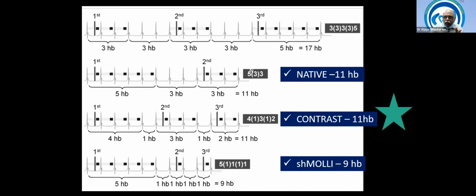This gadolinium creates its own magnetic field inside, which causes a lot of turbulence. Then the dephasing protons move faster and come back to equilibrium very fast.